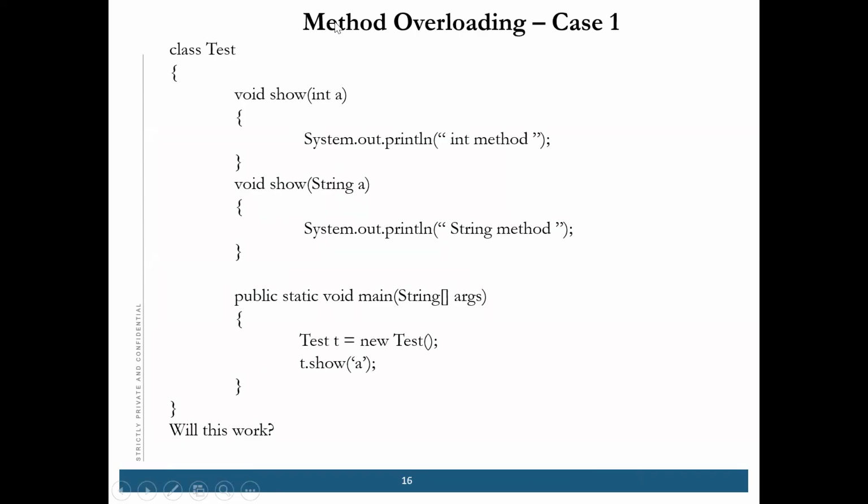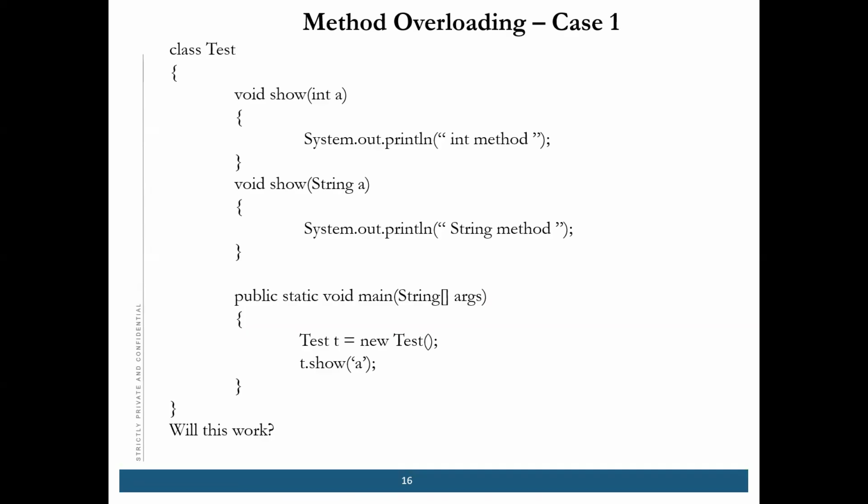Now, method overloading case 1. Here there is a class Test which has two methods, int a and String a. But now what we are passing here is a character 'A'. This is not a string, this is a character. Can anyone tell, will it work or not?